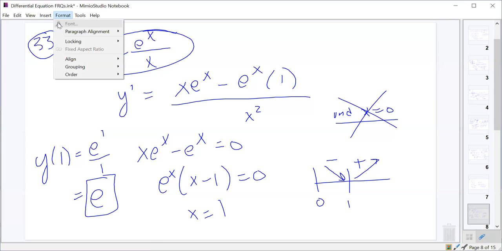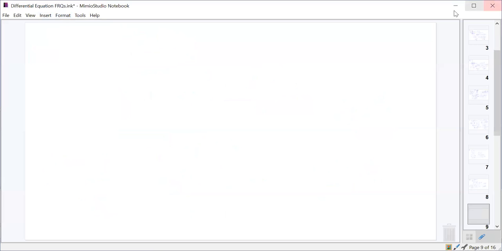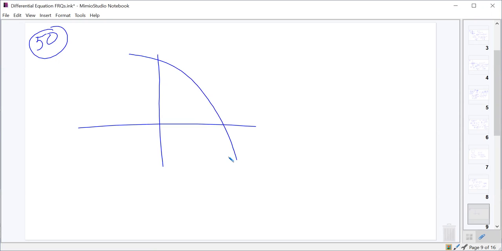Okay, sorry about that. So next one I have on my list is 50. So 50 gives us a graph that looks like this, calls this f of x.